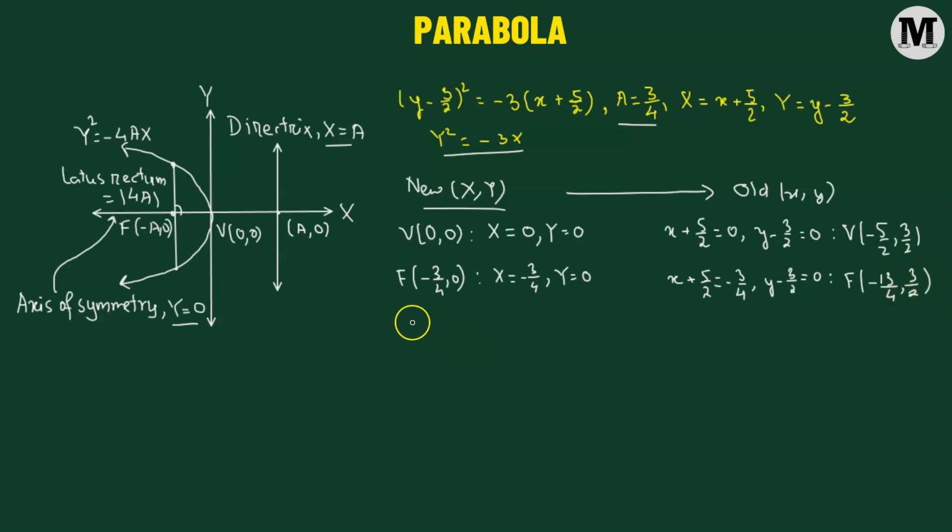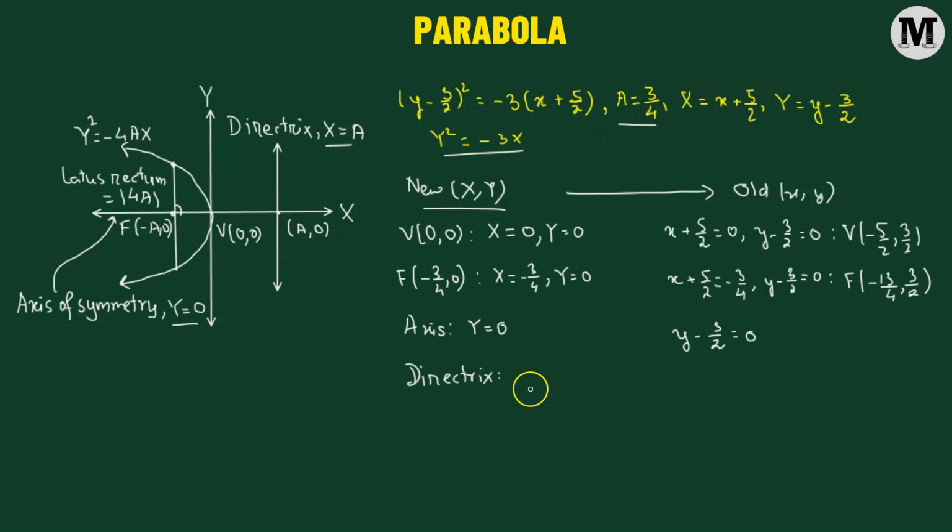Then let's find out the equation of the axis. The equation of the axis is given by Y equals 0 in the new coordinate system. So that means in the old coordinate system, we have y minus 3 over 2 equals 0. This is going to be the equation of the axis of the parabola. Then we have the directrix. The directrix is given by the equation X equals a.